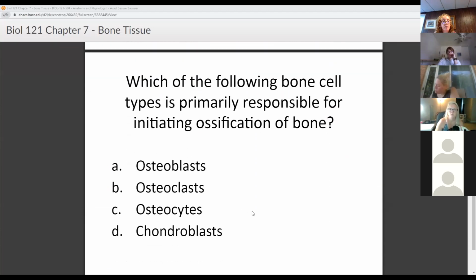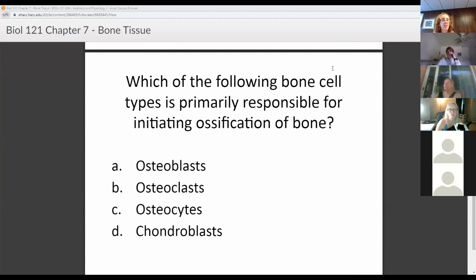Which of the following bone cell types is primarily responsible for initiating ossification of the bone? Is it A? Because they turn into the osteocytes. It's A. That's right. So blast meaning the building.